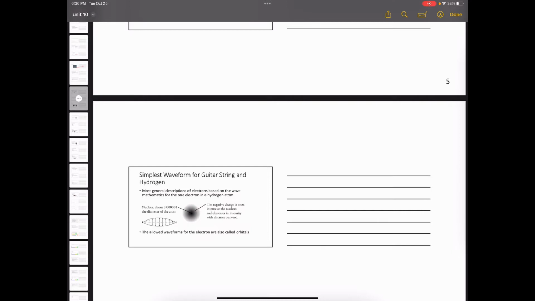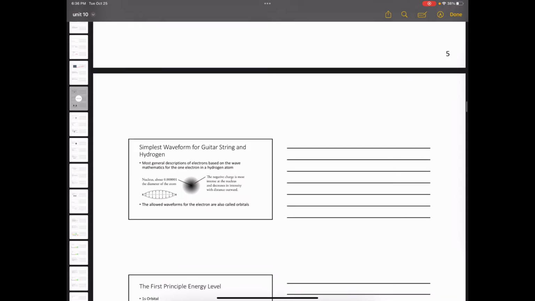So it is a lot easier to study the electron in hydrogen than something like silver or lead, where you have over 60 or 70 electrons. So we are going to focus first on hydrogen, and that's, believe it or not, what most scientists studying the properties of the electron decided to start with.